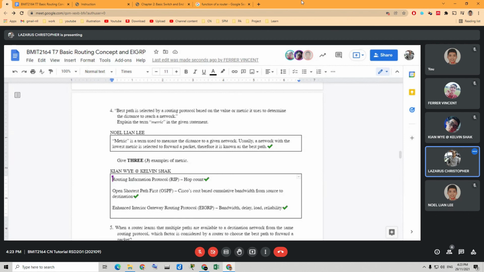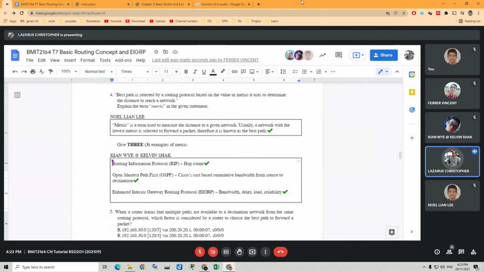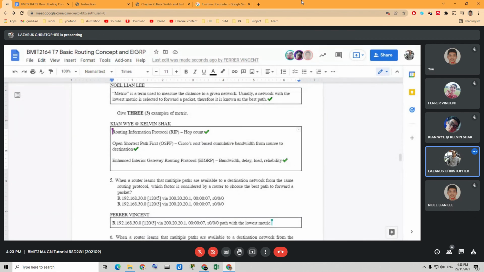Of course, you have to balance the time available with the amount of information you give. In any case, it's good for you too, because when you do revision, you can see straight away hop count, RIP.